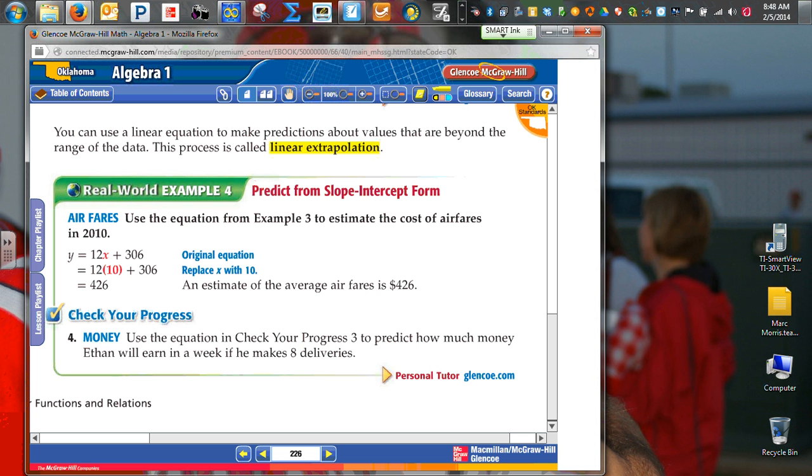Everybody grab today's bell ringer. Get that out. Work on it a little bit. Look at your examples. Do you have your textbook? Where is it? Go get it, Madison. You're supposed to bring it every day.